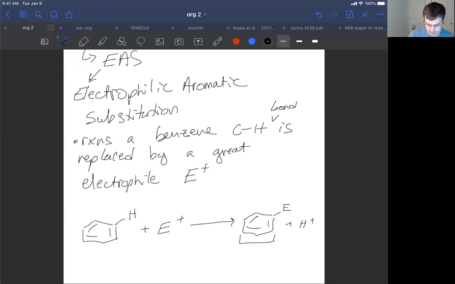Now, the thing to note here is after the reaction occurs, we're still aromatic, which is great because aromaticity provides stability to the molecule.